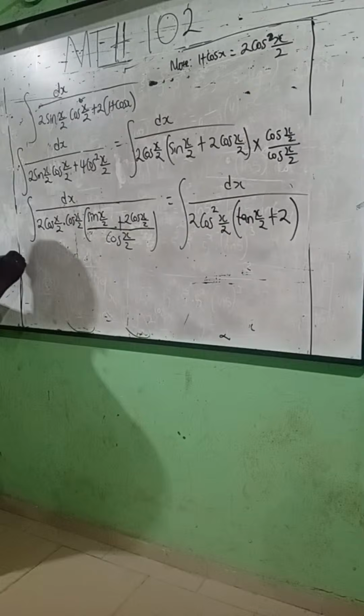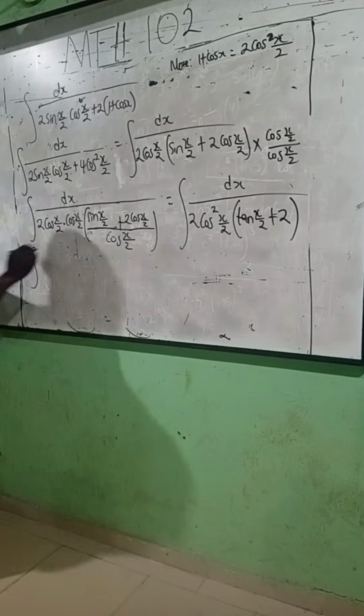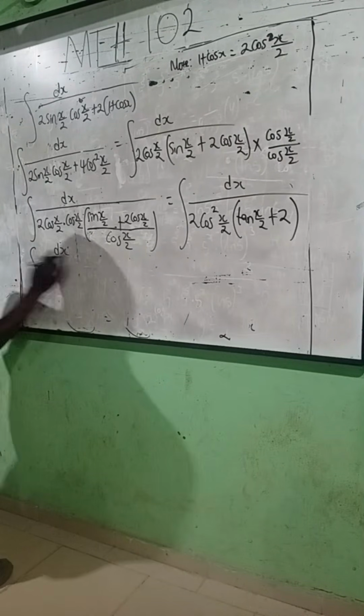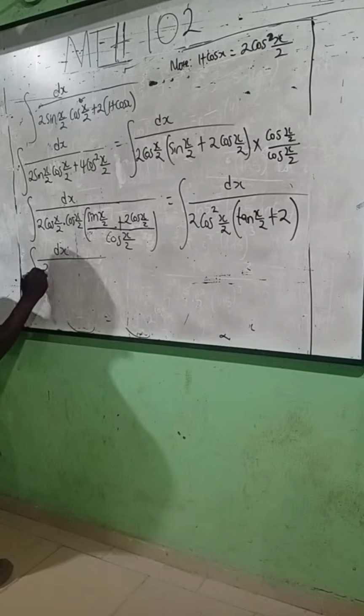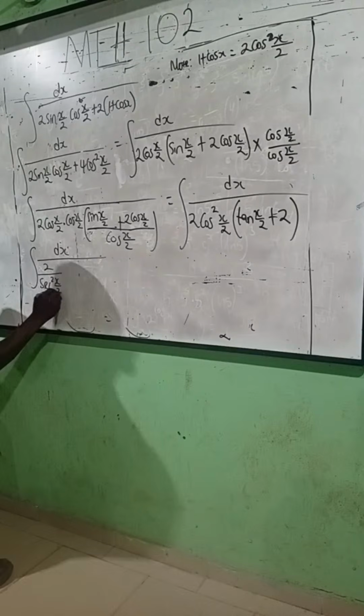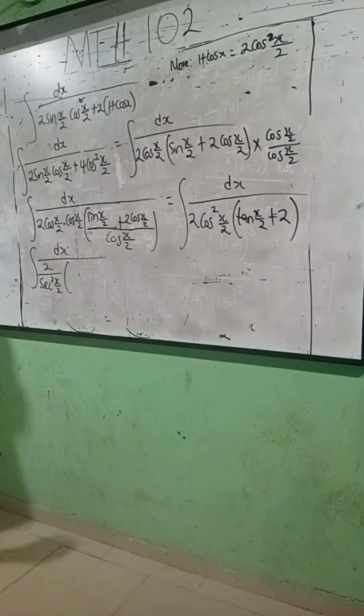So here now we can have the integral of dx divided by 2 over sec square x over 2. Agree? Cos theta is 1 over sec theta. Cos square theta will give us 1 over sec square theta.